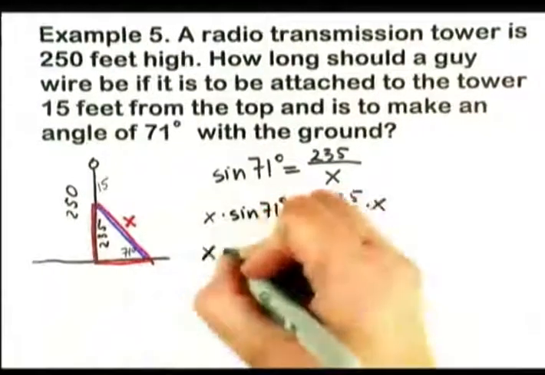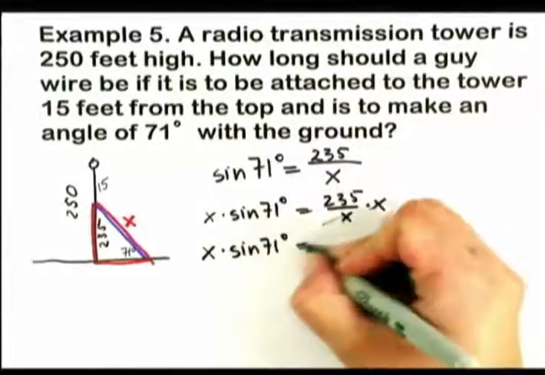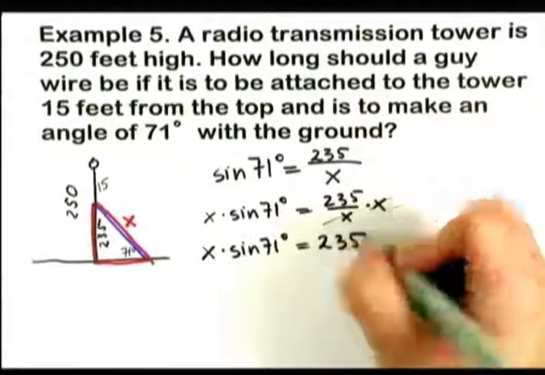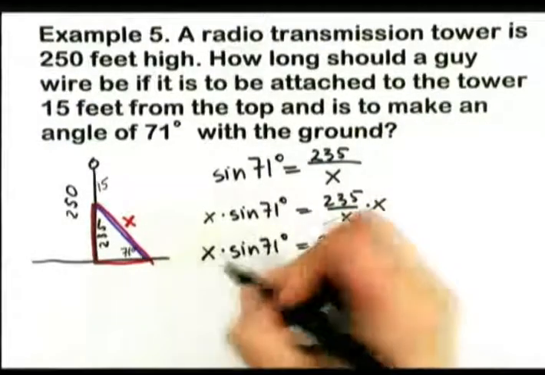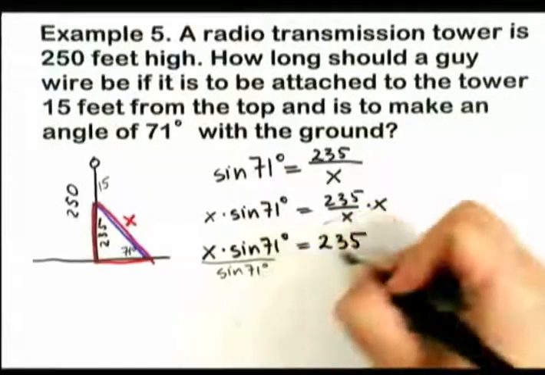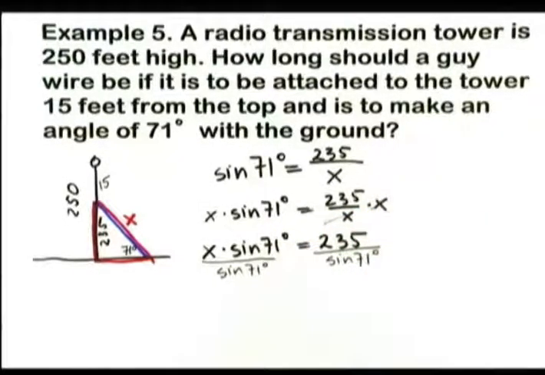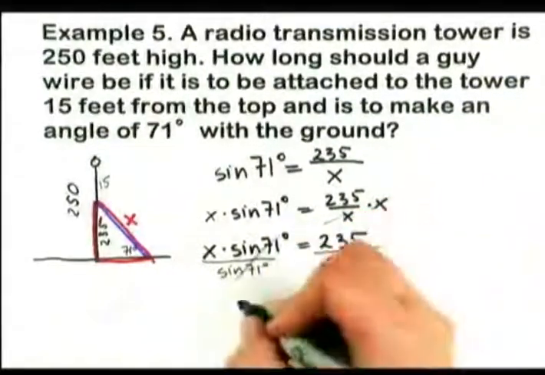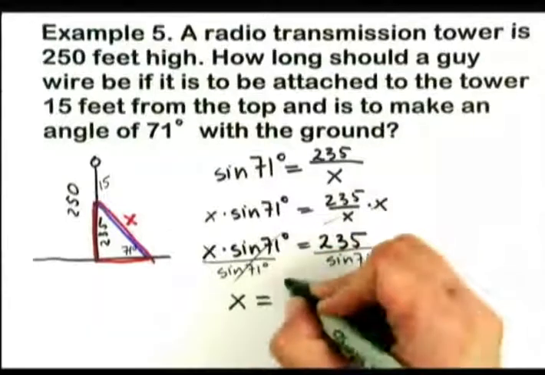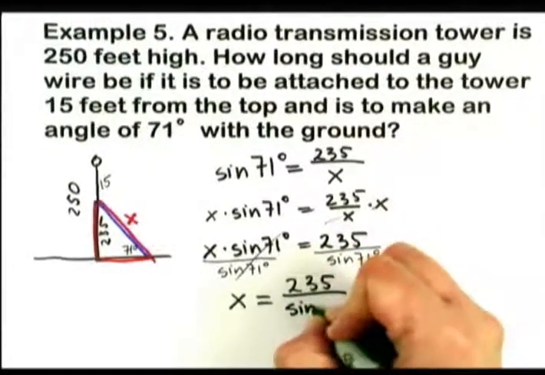So I have x times sine 71 degrees is 235. Now we can divide both sides by sine 71, not by x, because we are solving for x. So this cancels out, so my x is equal to 235 divided by sine 71.